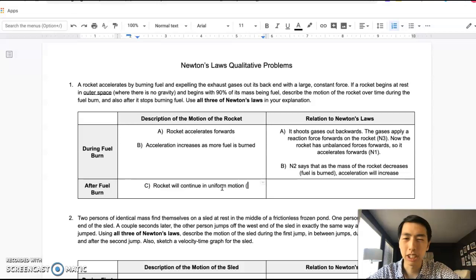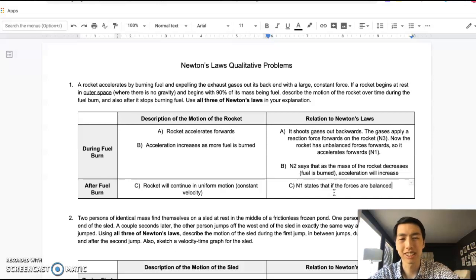And another way to say uniform motion is constant velocity. All right, and that's Newton's first law. So N1 states that if the forces are balanced, which is true when it's not burning fuel anymore, then the object will remain in uniform motion.